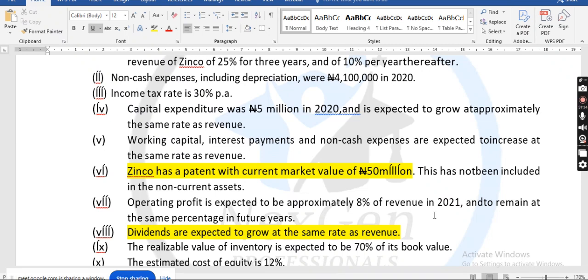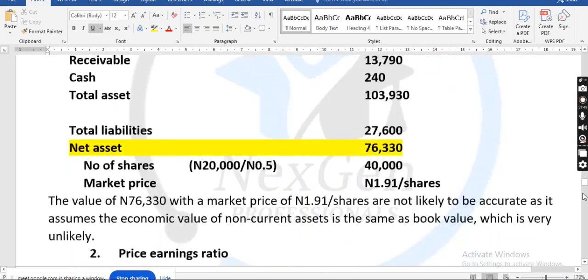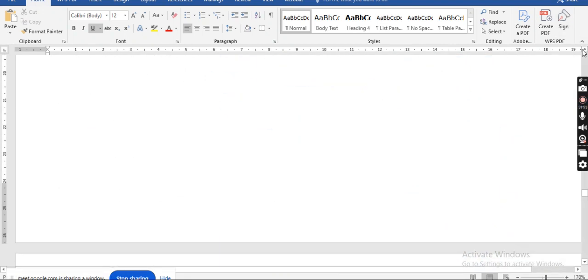So we don't know how they arrive at their operating profit, but they just told us that it is 8% of the revenue. So for you to get the operating profit, it has to do with 8% of the revenue.